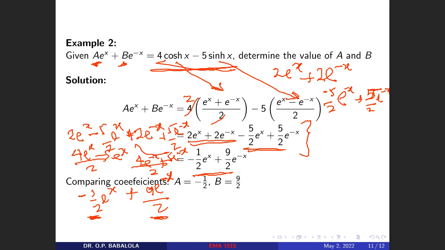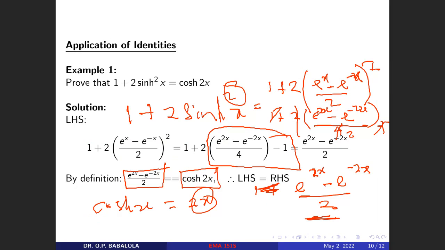Someone is pointing our attention to something here. Cosh, what is cosh? Cosh should be exponential. Let me write it out. Cosh x is exponential x plus exponential minus x over 2. Okay, this is cosh.